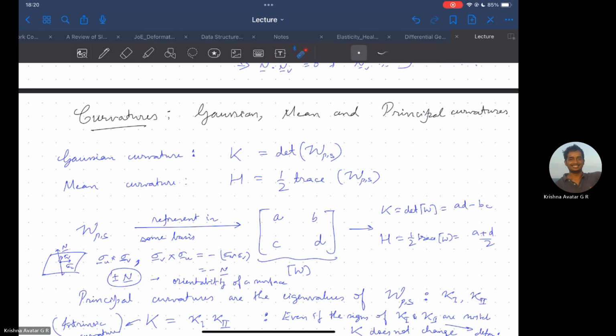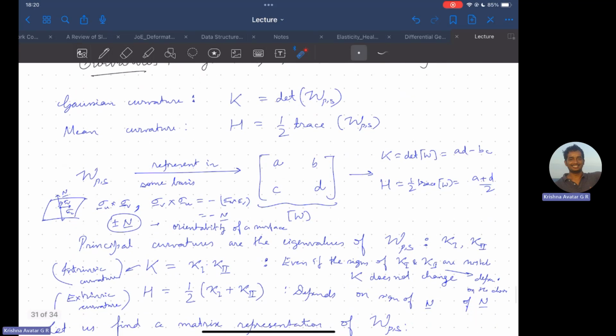Right? Now, our goal remains to represent the shape operator in some basis.